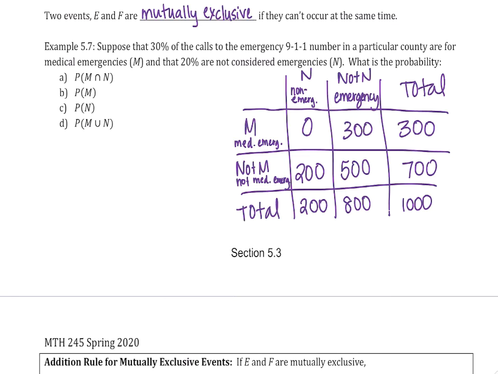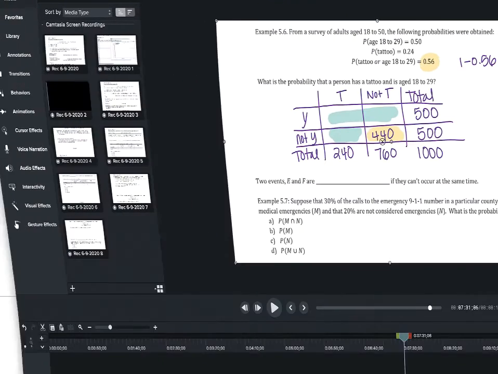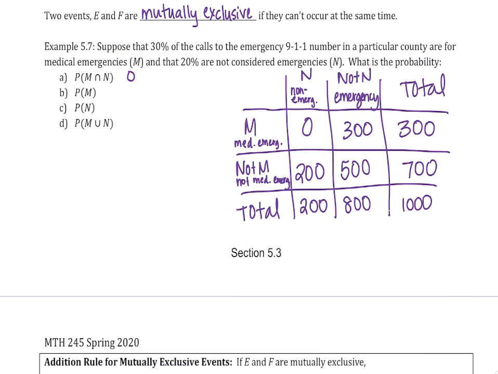What's the probability of M and N? Well, that's 0. There's none that are in both of those groups. Now, what's the probability of M? That's 300 out of the 1,000, and you can write that as 0.3. The probability of N, that's 200.